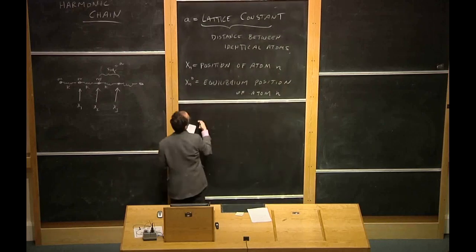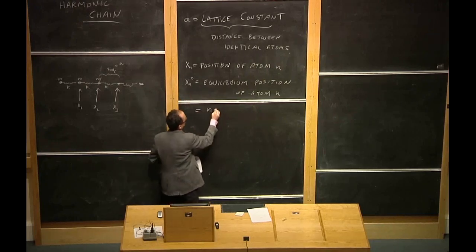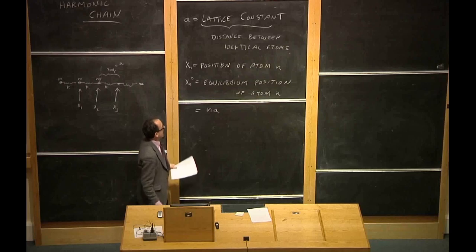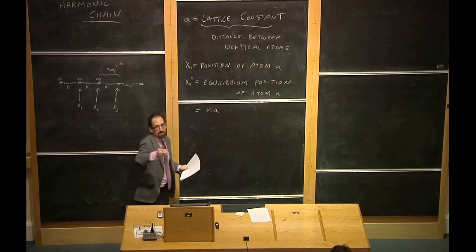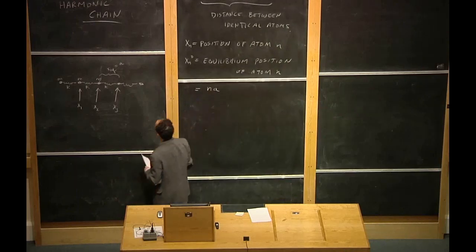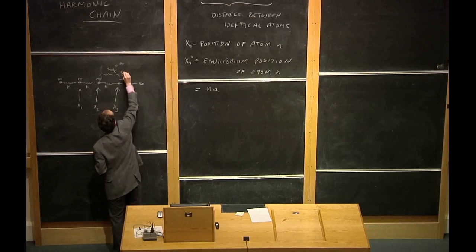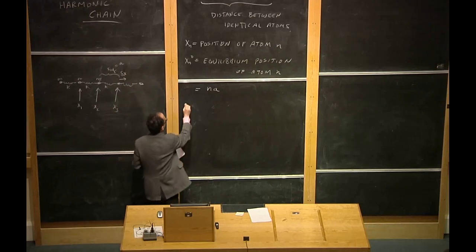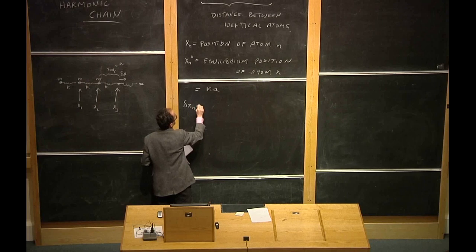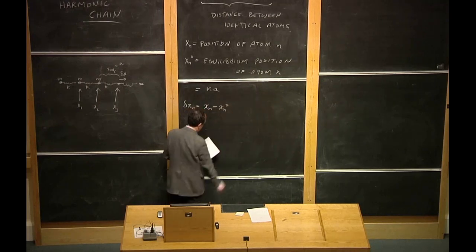If we let the 0th atom start at position 0, then we can just set xn0 to be n times a, each atom separated by a distance a from the next. And the quantity we're actually interested in is the deviation from the equilibrium position, which we'll call delta x. So delta x sub n is x sub n minus xn naught.